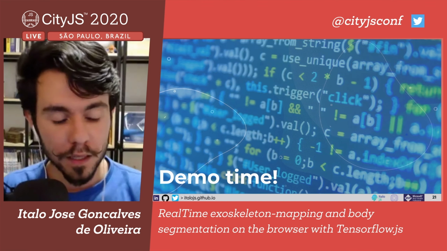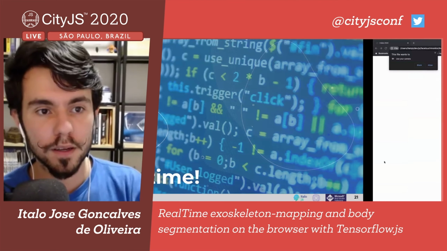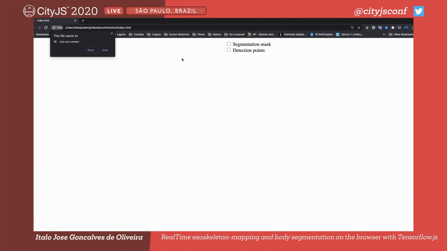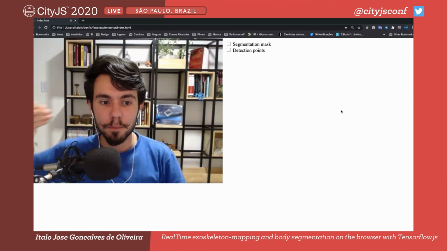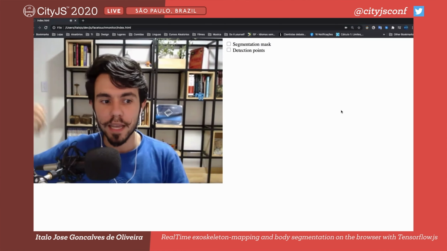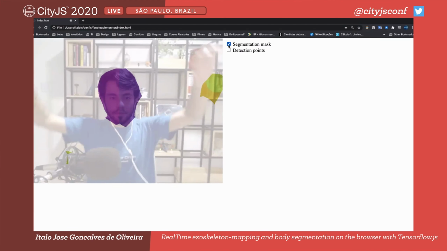And what will we do in this demo? We have a simple demo here, and we will just blur my face when my hand is in front of my face, you know? And we can visualize my segmentation too. So I will just get some space here.